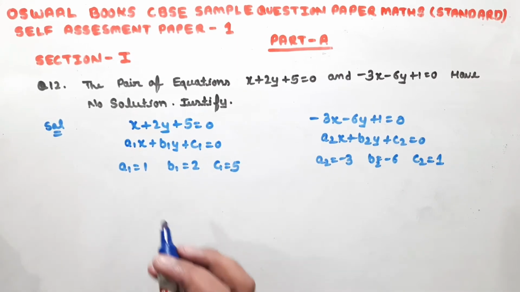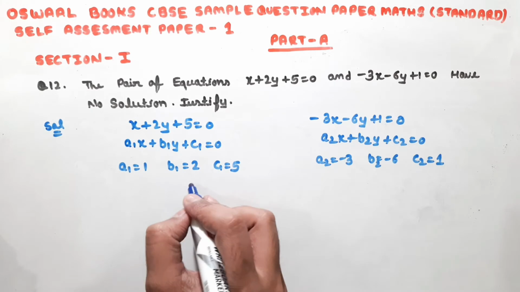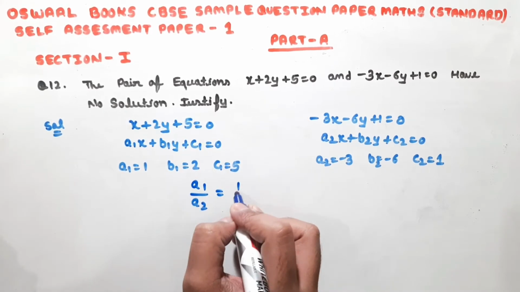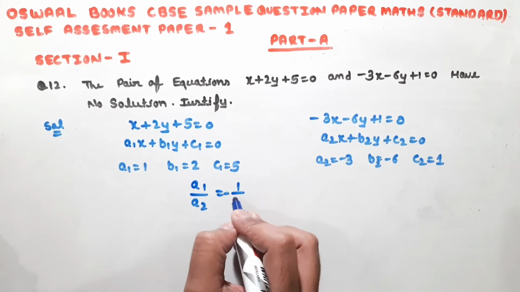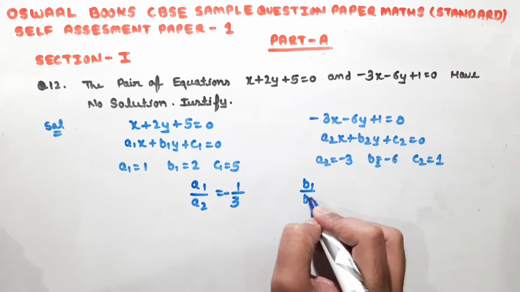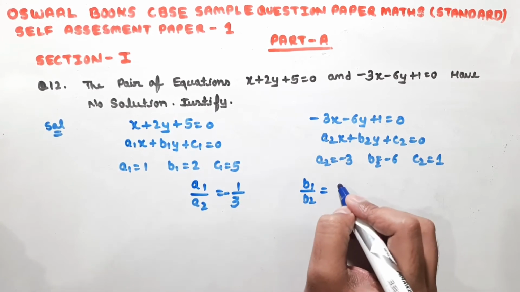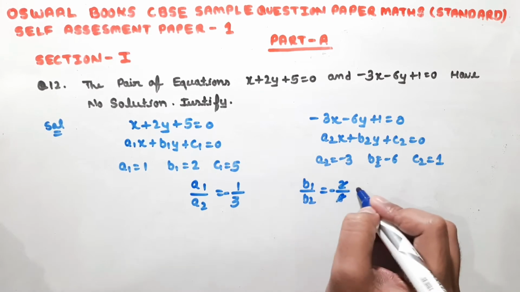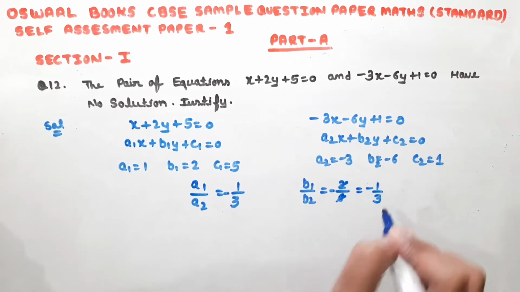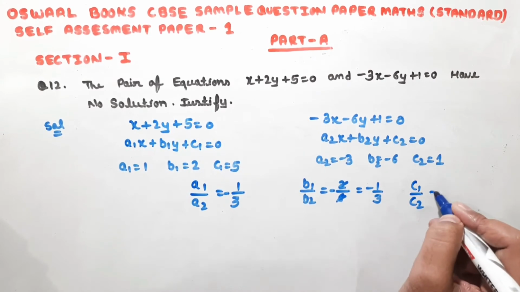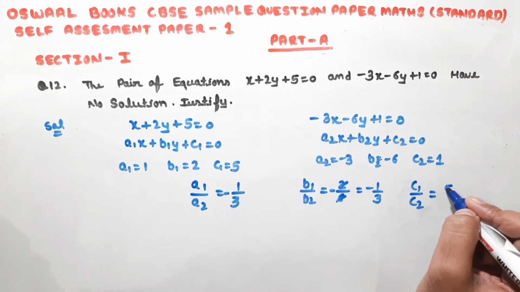Now a1 upon a2 will be 1 upon minus 3, so minus 1 upon 3. b1 upon b2 will be 2 upon minus 6, that will be equal to minus 1 upon 3, and c1 upon c2, that is 5 upon 1.